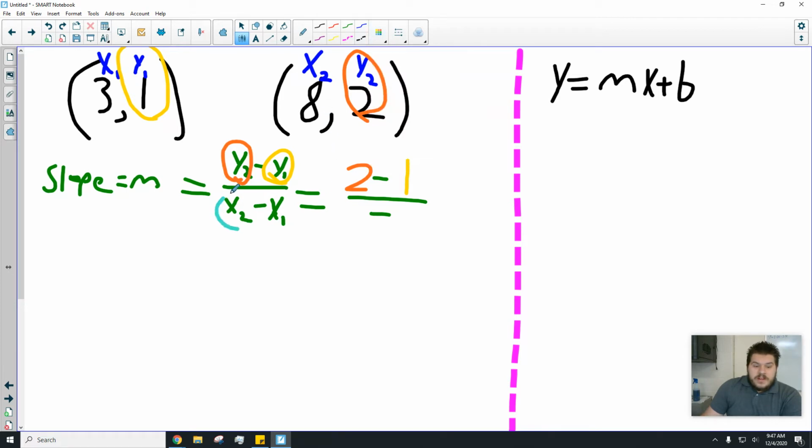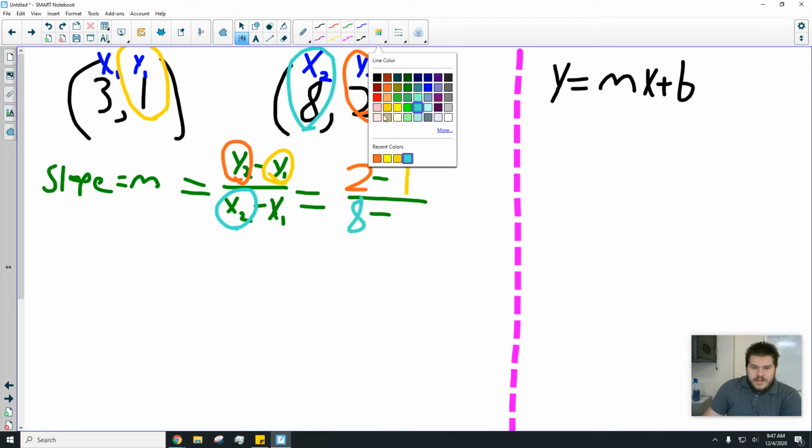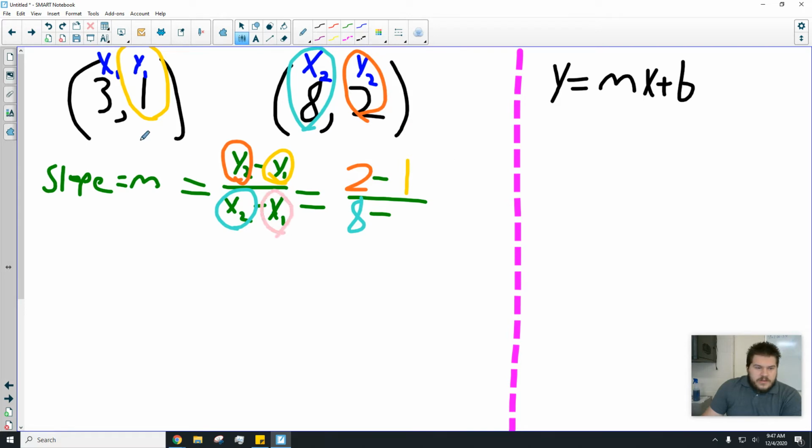Now we have to find our x2, which is 8, and then we need our x1, which is 3. Then it's just a simple matter of doing some subtraction. We have 2 minus 1, which is 1, and 8 minus 3, which is 5, which means our slope, our m, is 1/5.